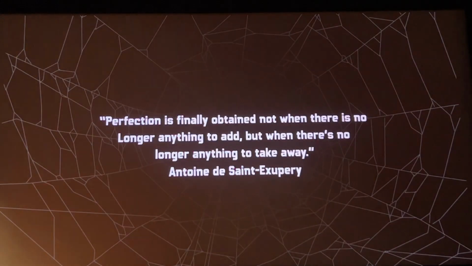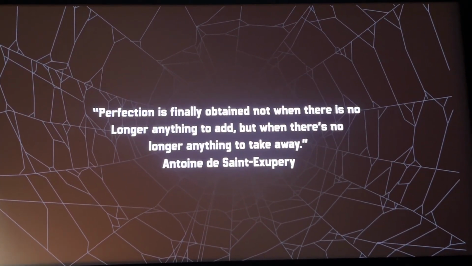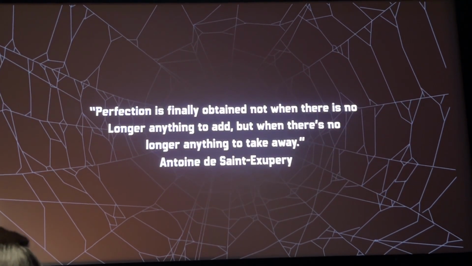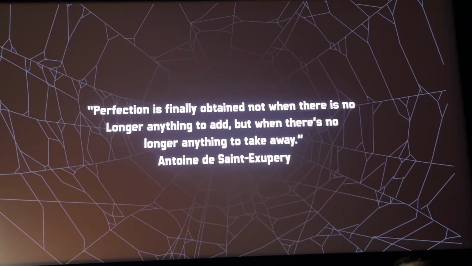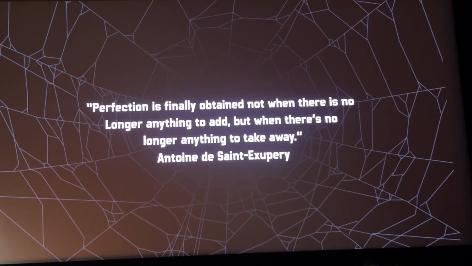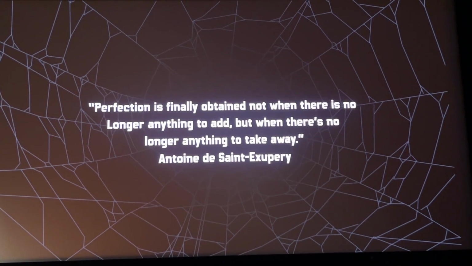It comes back to a really interesting quote that I discovered the other day: perfection is finally obtained not when there is no longer anything to add, but when there's no longer anything to take away, which I think is a really great way to sum up that idea.